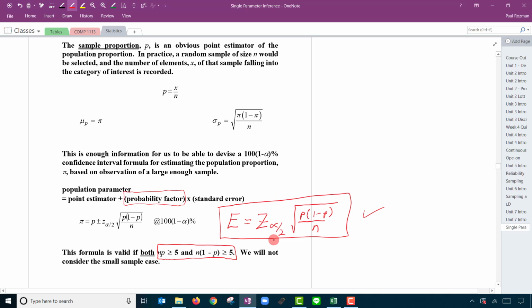So it's pretty nice, pretty easy. We're really good with the z-distribution. So now, going forward, we can do confidence intervals for virtually anything. I just have to give you what are you studying, what probability factor should you use, and then I'll give you the formula for standard error, and away we go.